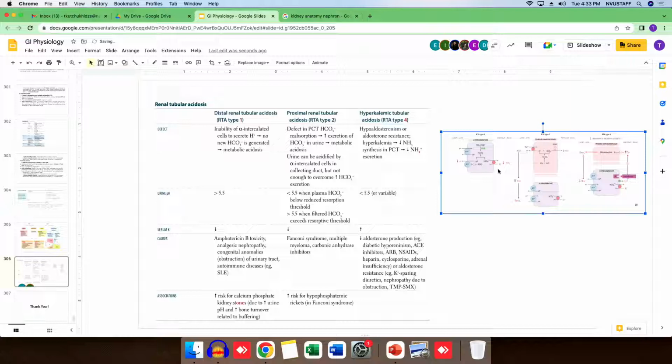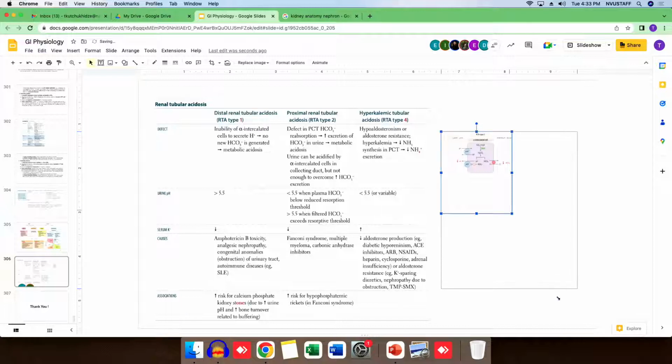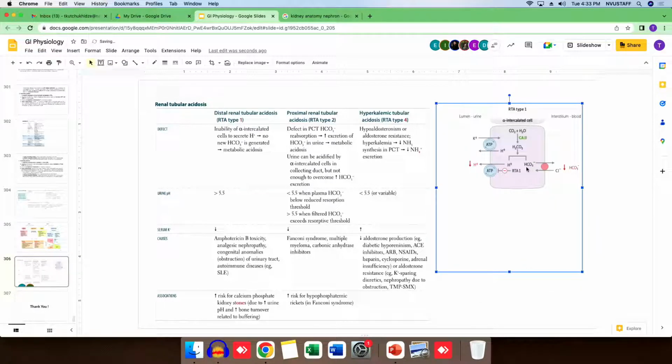So when we have, for example, renal tubular acidosis type 1, it is due to inability of alpha intercalated cells to secrete H pluses. So there will be no new bicarbonate generated, and we have metabolic acidosis. Let's see this photo one more time. Here, right?